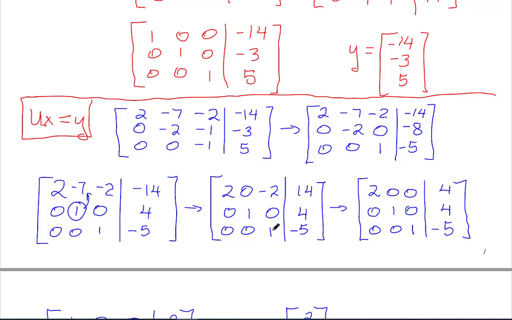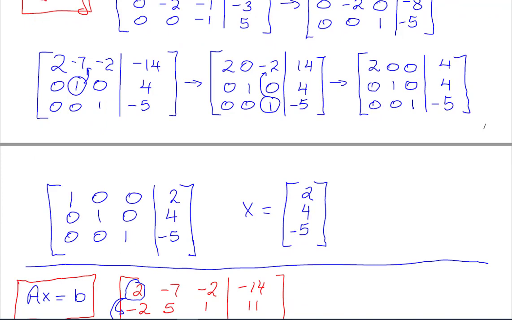And then finally I'm going to use this 1 to make a 0 in this position. And so now that I've done all that, I can easily divide by 2 because I don't care about fractions at this point. And so we solve it and we get the particular x that we were looking for.